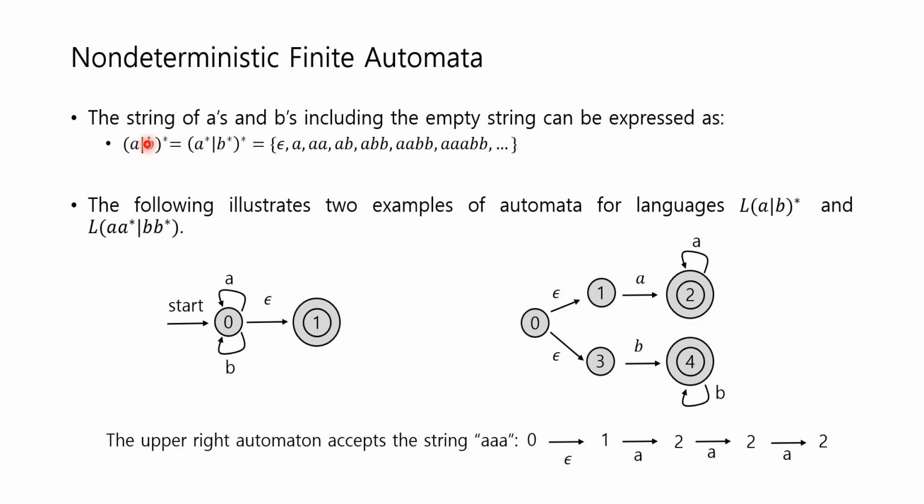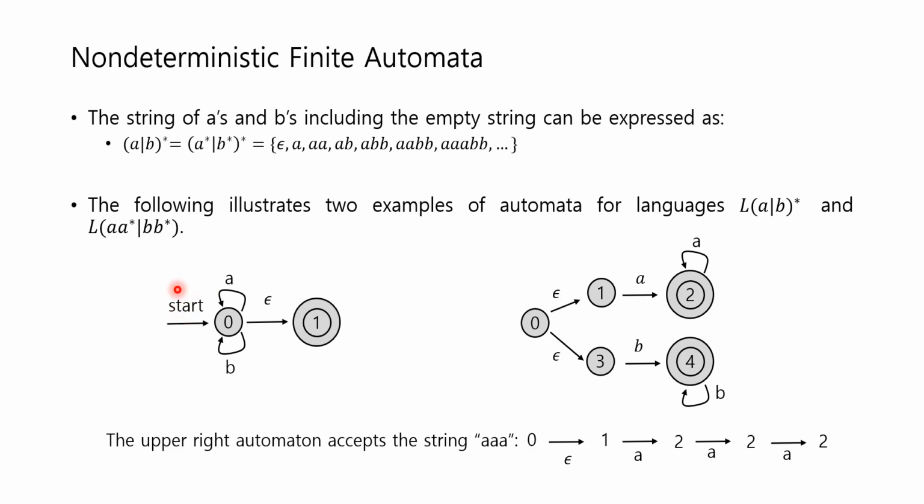The strings of A's and B's, including the empty string, can be expressed as (A union B) Kleene closure, which can be written as A Kleene closure union B Kleene closure, giving the strings epsilon, A, AA, AB, ABB. The following illustrates two examples of automata for the language of (A union B) Kleene closure and the language of A Kleene closure union B Kleene closure.